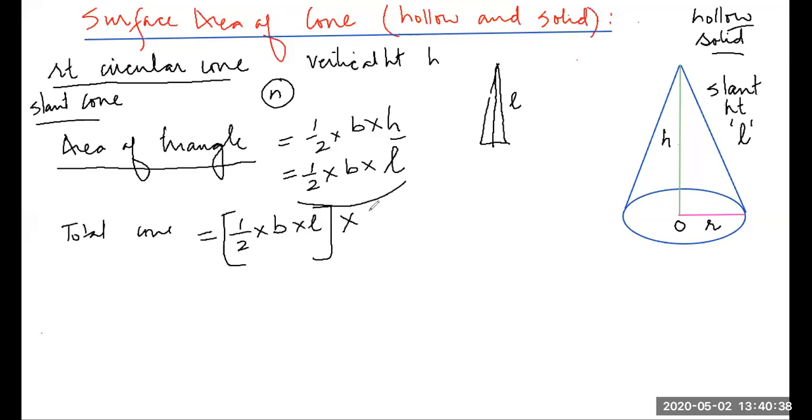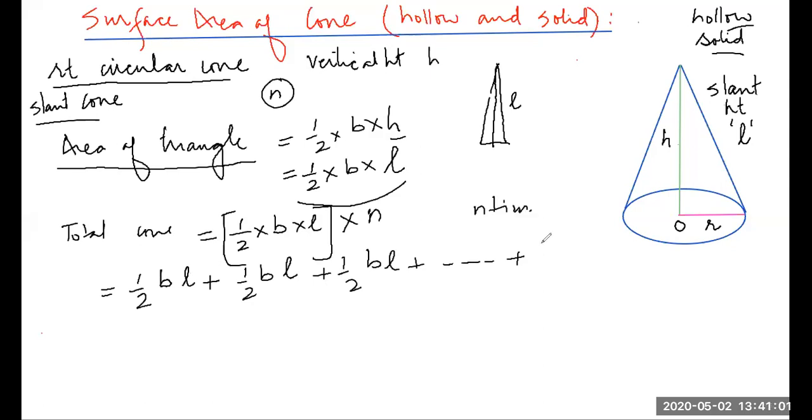This is equal to half into B into L, plus half into B into L, plus half into B into L, plus, n times, half into B into L.